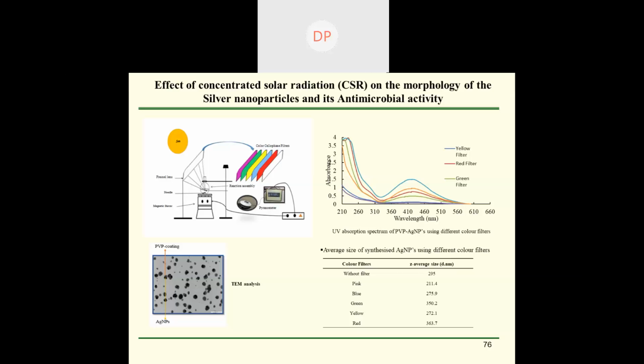Without filter, it was close to 295. When we used the pink filter or the pink film, it was 211. Blue, it was 275. Green, 350. Yellow, 272. And in red, 363. And it is definitely associated with the wavelength which is given to the reaction media.